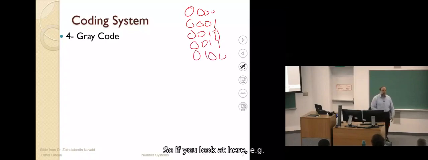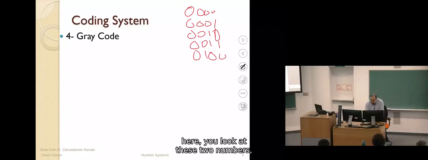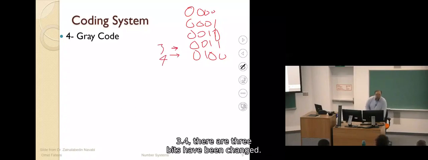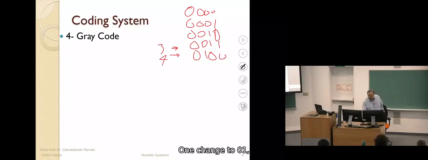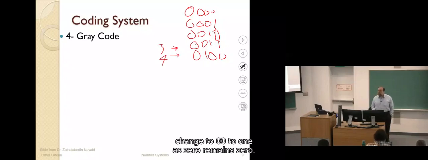So on, you continue. If you look at these two successive numbers, 3 and 4, there are 3 bits that have changed: 1 changed to 0, 1 changed to 0, 0 changed to 1, and 0 remains 0.